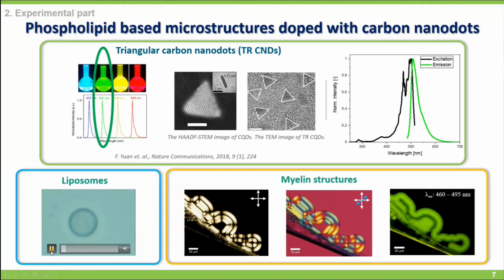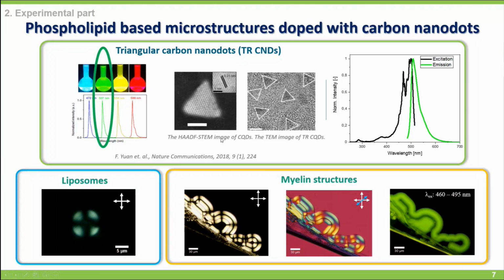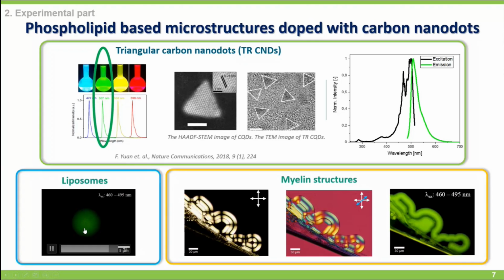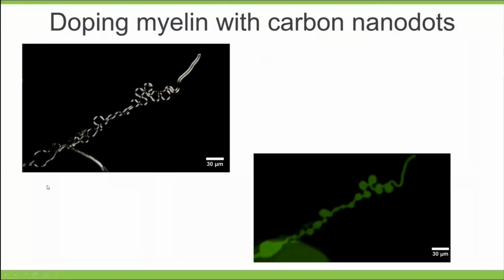at the doping of the phospholipid-based microstructures with those carbon nanodots. As you can see, most of the carbon nanodots went actually inside the liposomes, but we've also seen them along the phospholipids creating myelin. We were also wondering if the carbon nanodots would perturb the myelin organization.